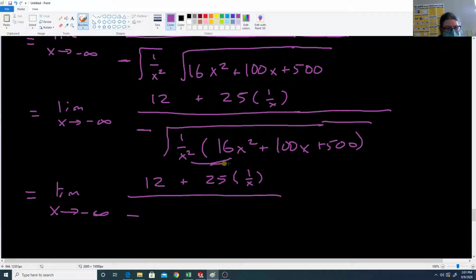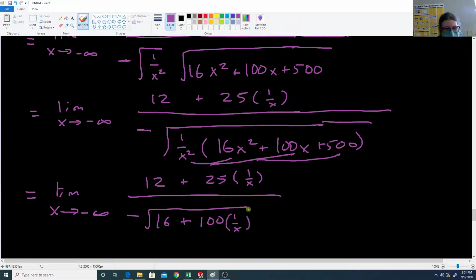This is going to distribute, and the x squareds will cancel out. So it's negative square root of 16 plus 2x's down below with the 1x up top. The 1 cancels, leaves you a single x down below. We get 100 times 1 over x. Nothing is going to cancel with the x squared here, so we get plus 500 times 1 over x squared.